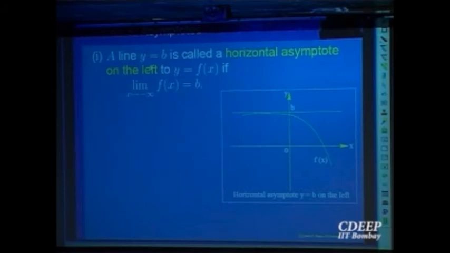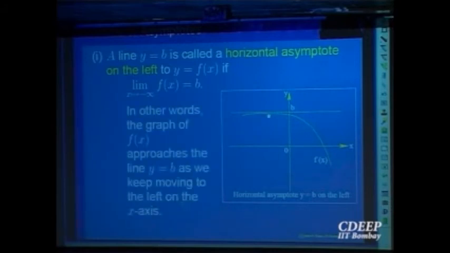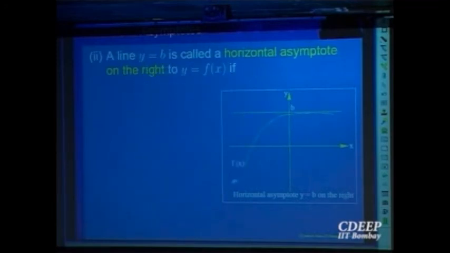So the line y equal to b is called a horizontal asymptote to the graph of the function on the left. Intuitively, the distance between them is becoming smaller and smaller. On the left, similarly, you will have something on the right also. So that is y equal to b, coming closer. So that is a horizontal asymptote on the right side.